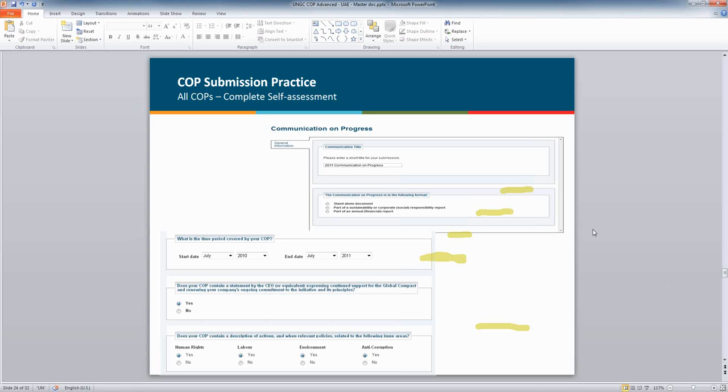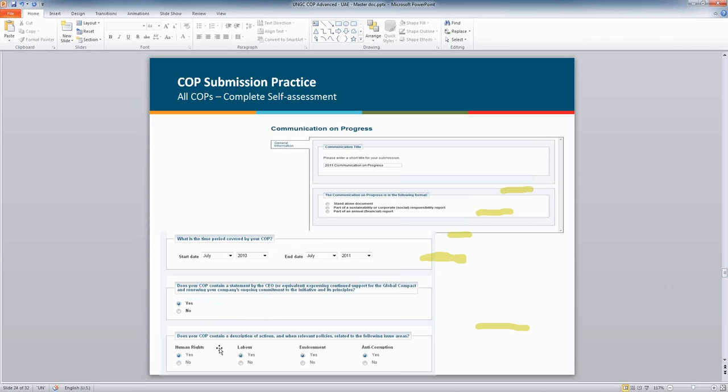Of course, this is public information, so my recommendation is that you choose a sensible title, not some crazy title. Then the system asks how you share your report with your stakeholders. Again, this question does not affect your classification within our system. Then the dates of the information covered in your report. Again, no effect on your classification.